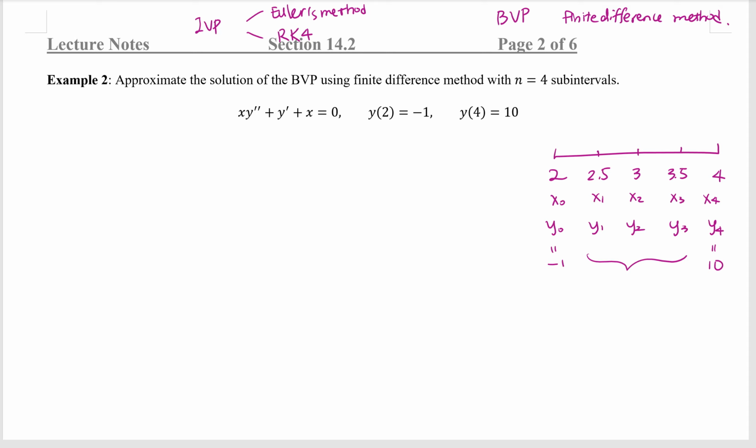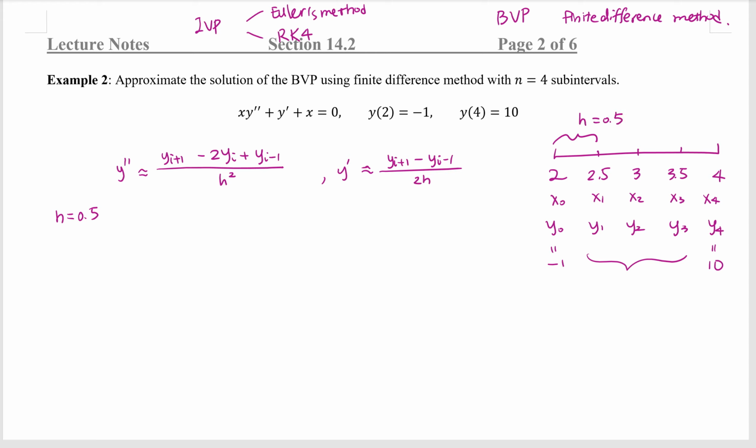Don't forget y double prime is the central difference formula. By the way, it will be given in the exam, so you don't need to memorize it. It is y(i+1) minus 2yi plus y(i-1) over h squared, and y prime is approximately y(i+1) minus y(i-1) over 2h. In this case, h equals 0.5.